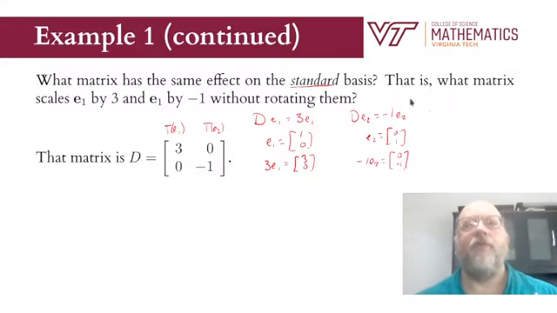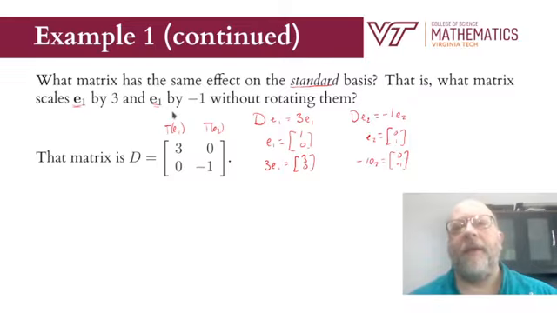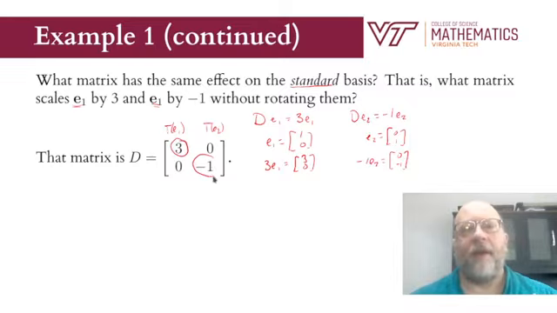That is, the matrix that operates on the standard vectors the same way that the previous matrix operated on the eigenvectors is just a matrix that has the eigenvalues along the diagonal. So this is why I'm calling this matrix D, it stands for diagonal. I'm just putting the eigenvalues going down the diagonal.